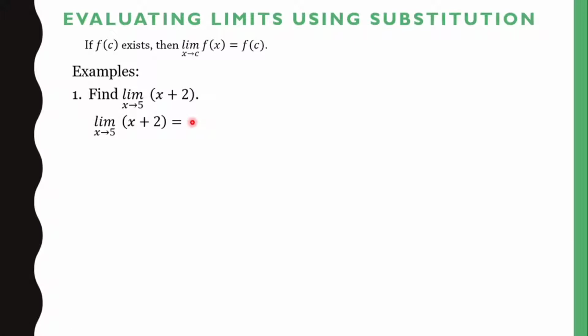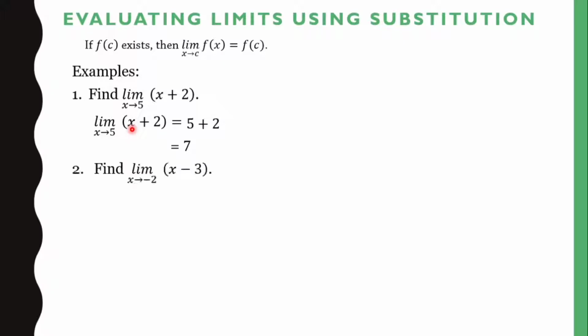That would be 5 plus 2. We simplify, that will be 7. Therefore, using the substitution method, the limit of x plus 2 as x approaches 5 is 7. So, in the substitution method, you don't have to use the limit laws anymore.